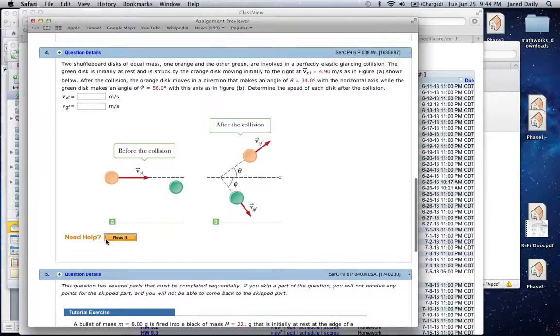But problem 4 is one of these problems where we're doing a glancing collision. Now notice that they're saying that it's a perfectly elastic glancing collision, and the green disc is initially at rest and the other one hits it and has this initial speed, and they tell us the angle phi here, 56 degrees. They also tell us that these shuffleboard discs are of equal mass, and we can assume that they're also of equal radius.